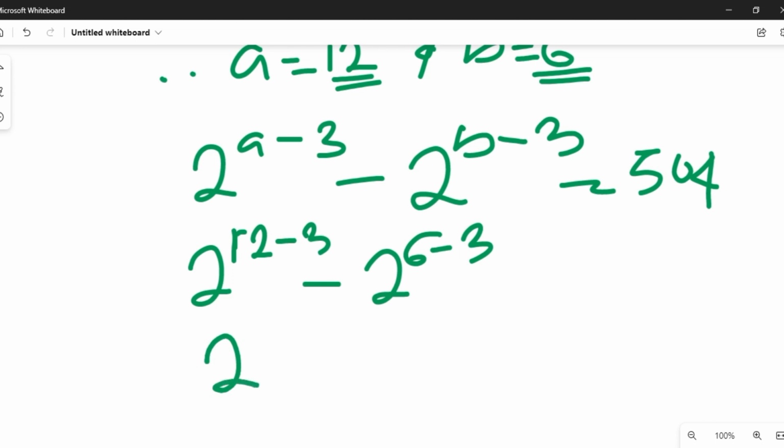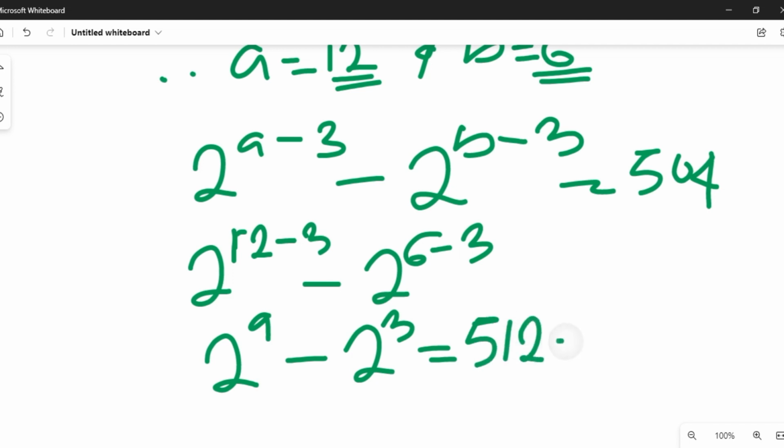This will give us 2 raised to power 9 minus 2 raised to power 3, and this will give us, 2 raised to power 9 will give us 512. Subtract from 2 raised to power 3, which will give us 8. So 512 minus 8 will be equal to 504.